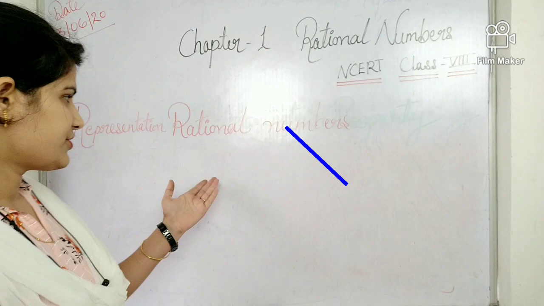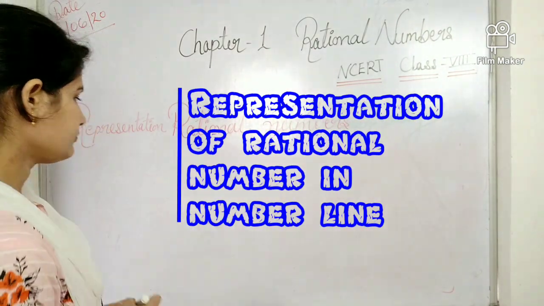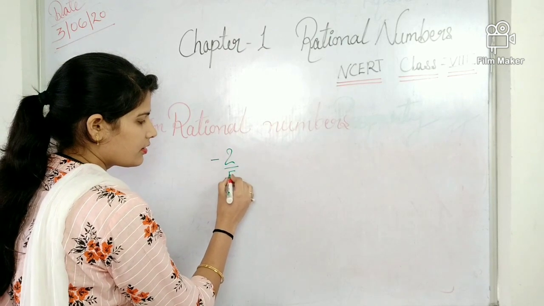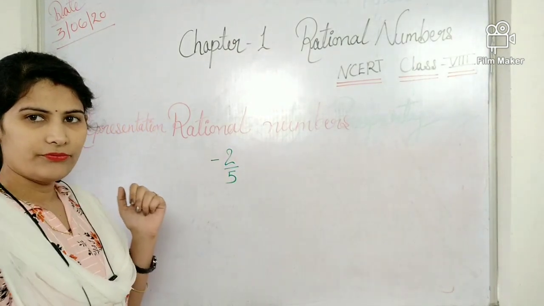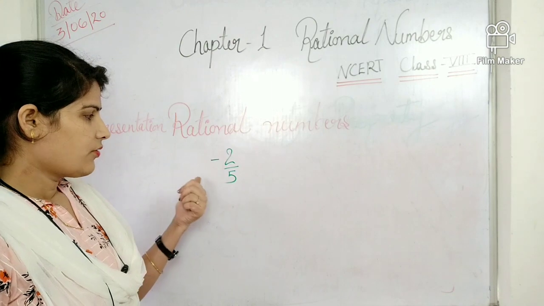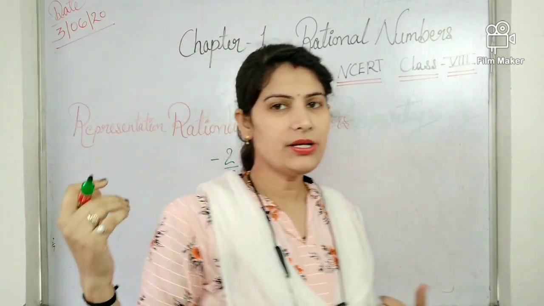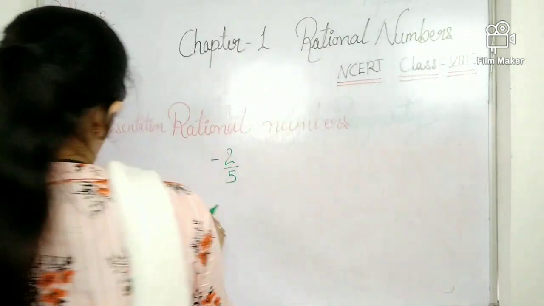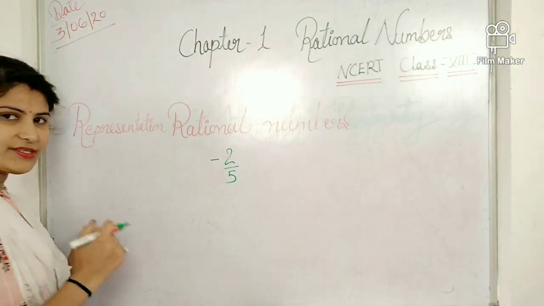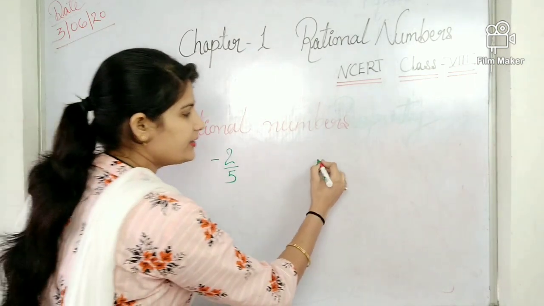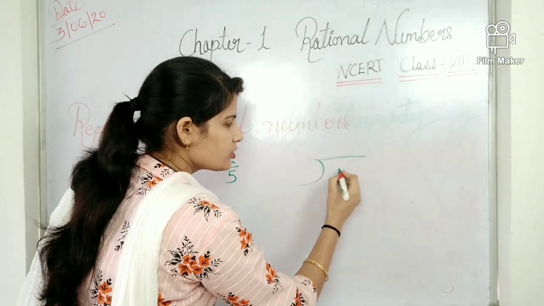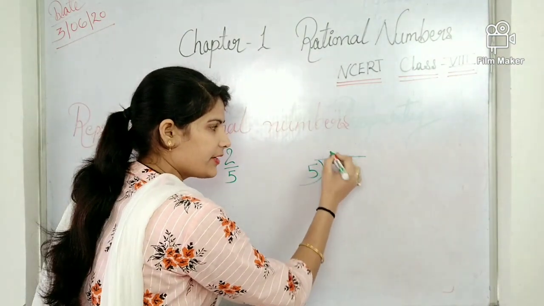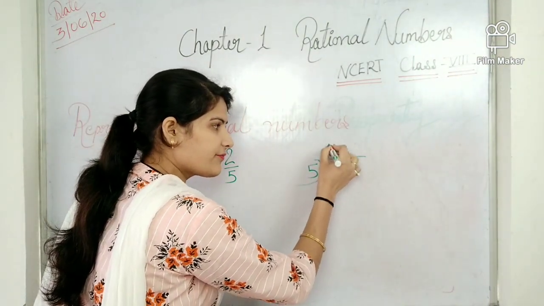Representation of rational numbers. If your question is minus 2 upon 5, where is the rational number minus 2 upon 5 represented on the number line? So let us check. First we will divide these numbers. 2 divided by 5.